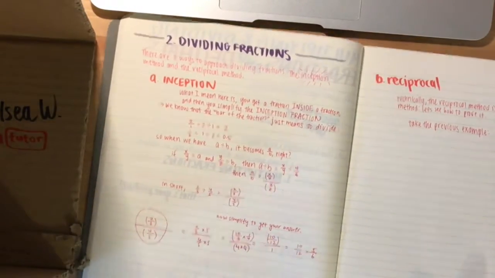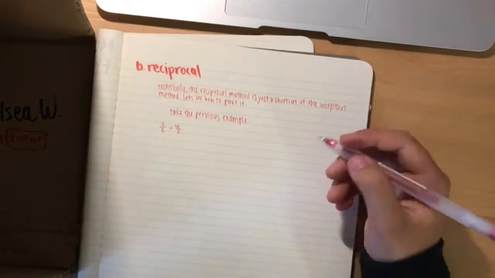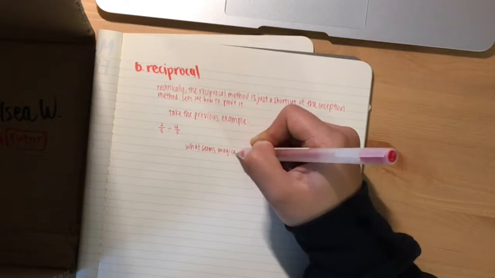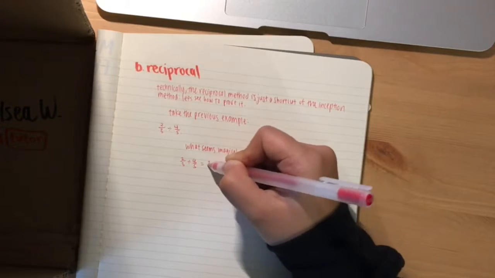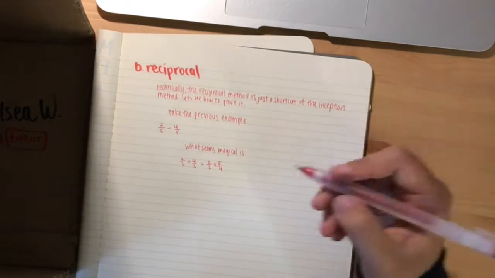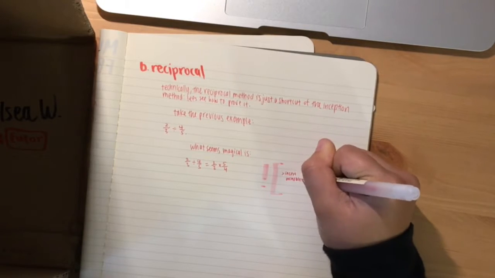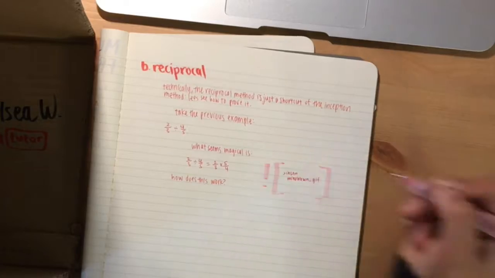So if we take the previous example and we apply it here, 2 over 3 divided by 4 over 5 is going to be able to be magically made into 2 over 3 times 5 over 4. And we see this on screen as well. And this is almost magical. It's like insert a mind-blown GIF here because it seems magical, but look, here's how we prove it.